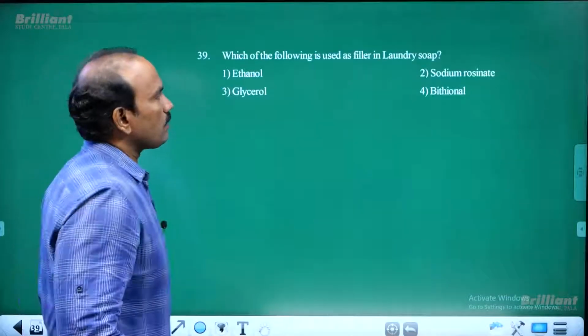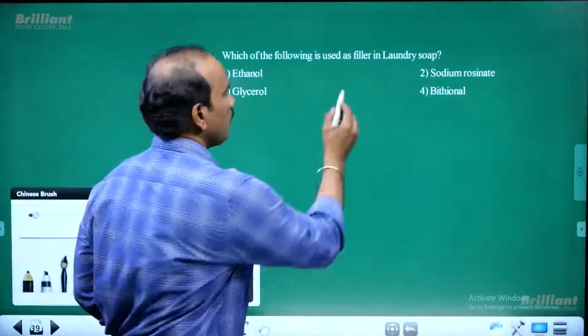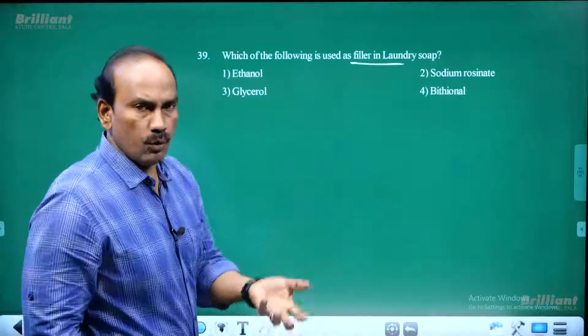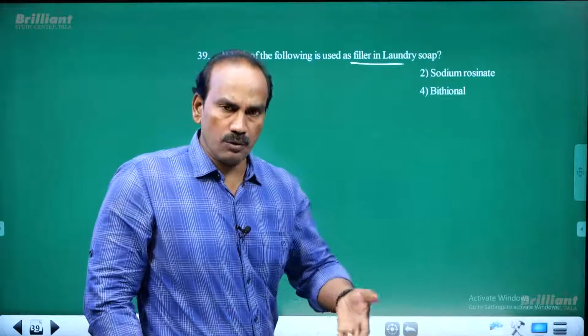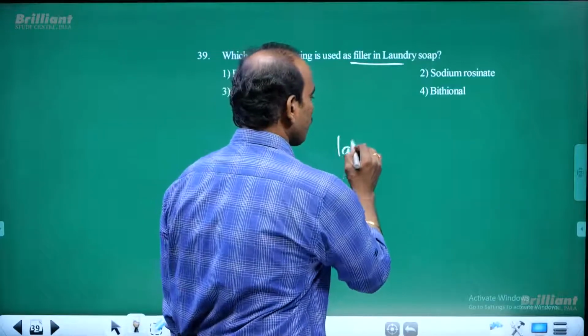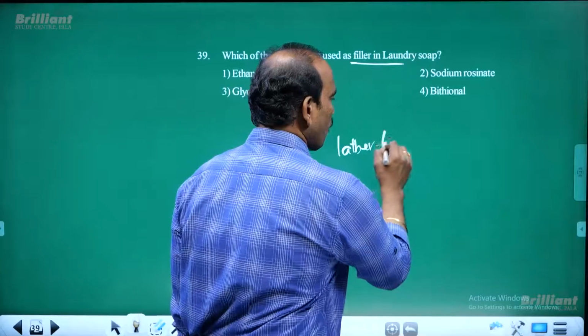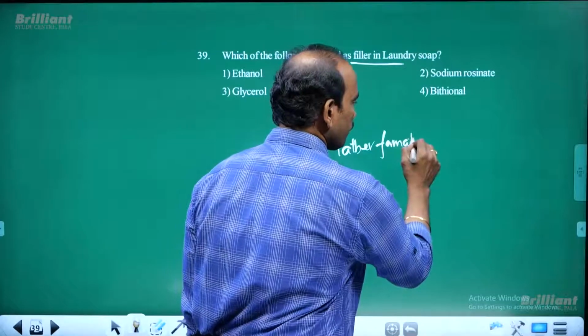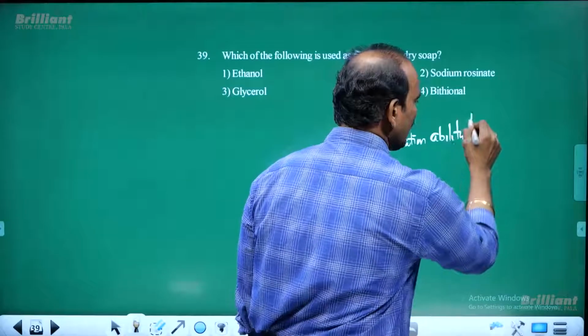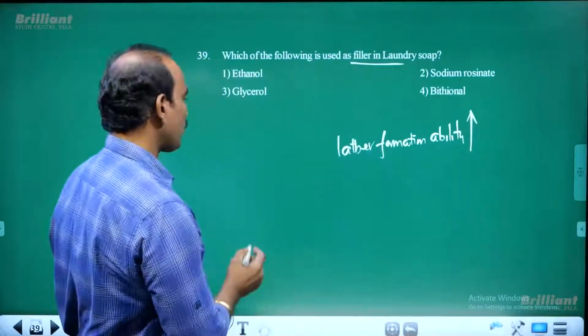Next one. Which of the following is used as a filler in the soap industry? What are the fillers? Those compounds which are able to increase lather forming ability, that type of compounds. What are those?